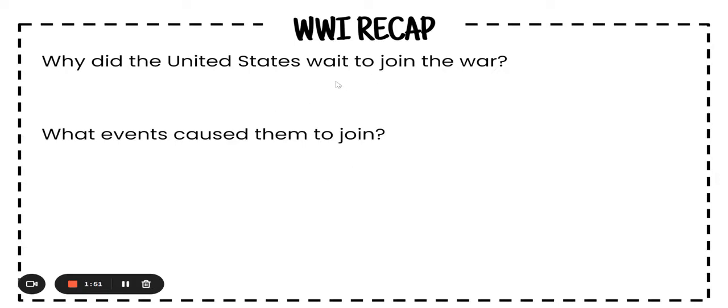Because we had this idea of isolationism, where we were going to mind our own business until somebody else made it our problem. And eventually, Germany made it our problem twice. Once with the sinking of the Lusitania, when it was hit by a German U-boat and sank, killing Americans. And the second time was the Zimmerman Note, when Germany was trying to get Mexico to come and fight America.